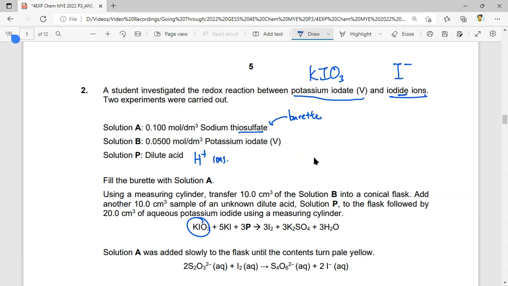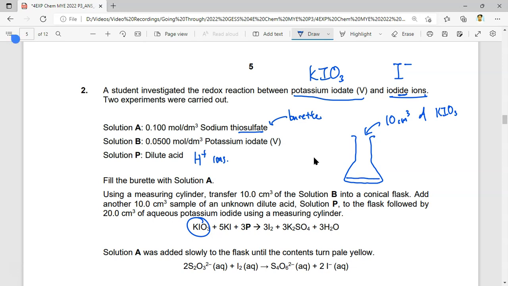Next, using a measuring cylinder, transfer 10 cm³ of solution B. So I'm going to put in the conical flask, my conical flask, 10 cm³. Don't just write solution B. Take note of what it is. So I'm going to put KIO3 inside there. 10 cm³ of KIO3.